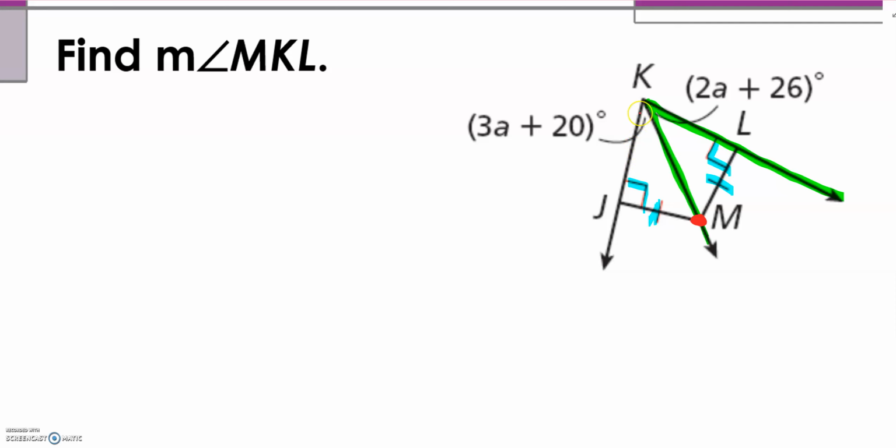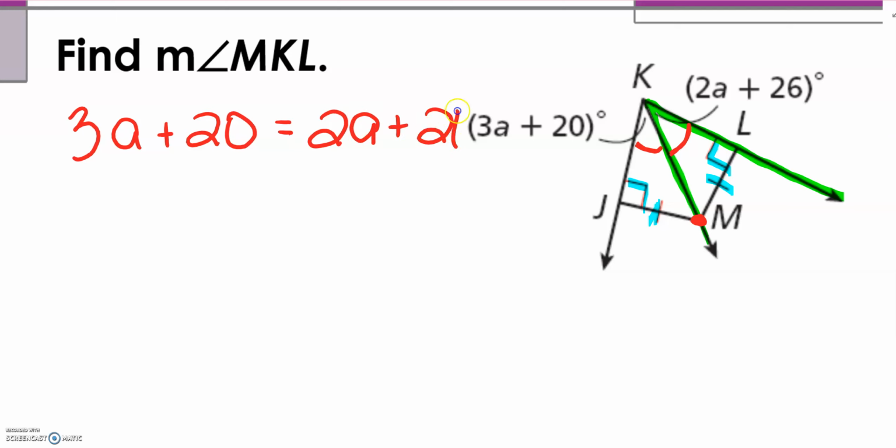So I know that JKL is bisected, making JKM congruent to angle LKM. That means that's my equation. 3a plus 20 equals 2a plus 26. Pause the video here and solve this, please.